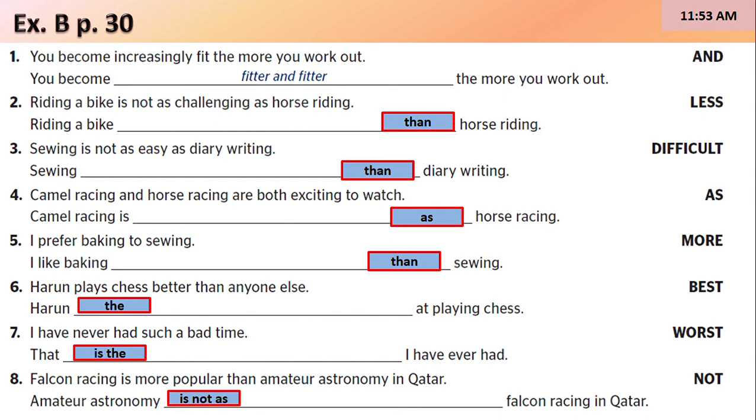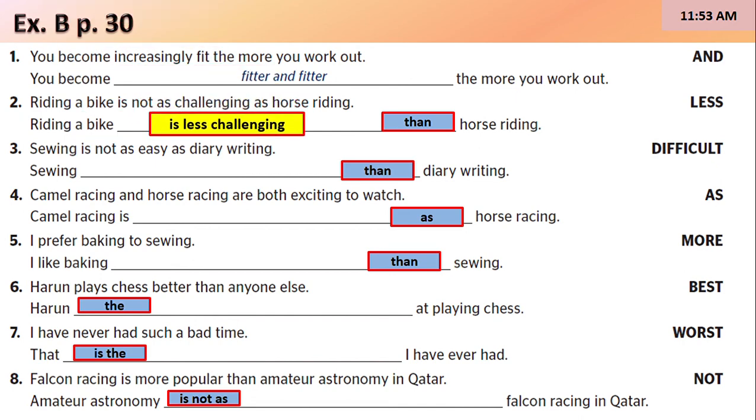Two. Riding a bike is not as challenging as horse riding. Then you can say riding a bike... Okay, who can answer? Good.